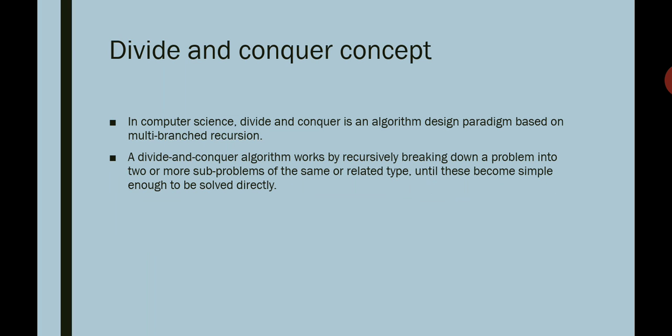Divide and conquer concept. As we say that merge sort is based on the divide and conquer concept, then what is it? In computer science, divide and conquer is an algorithm design paradigm based on multi-branch recursion. A divide and conquer algorithm works by recursively breaking down a problem into two or more subproblems of the same or related type until these become simple enough to be solved directly.